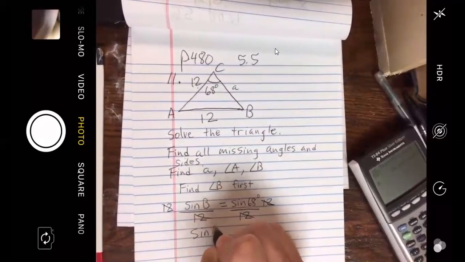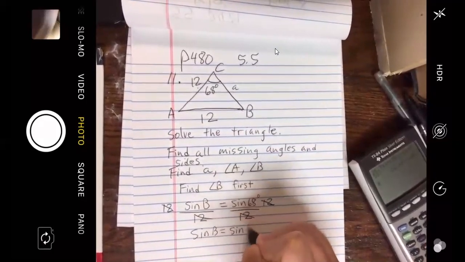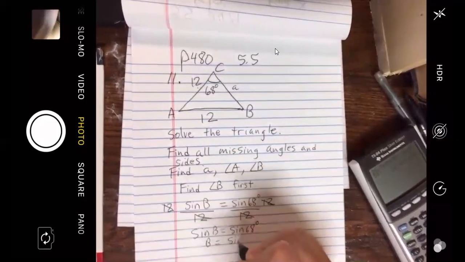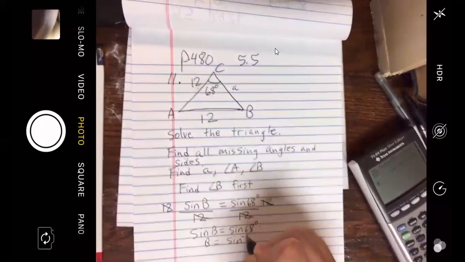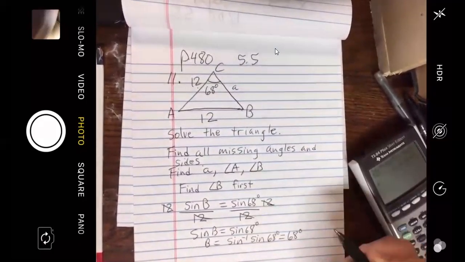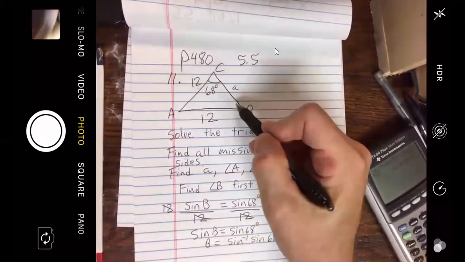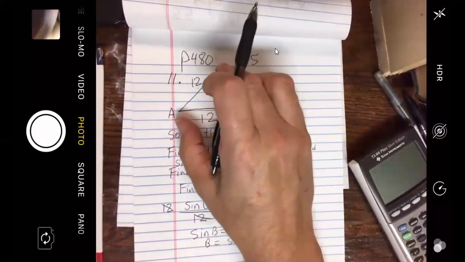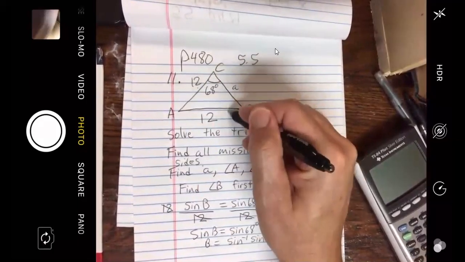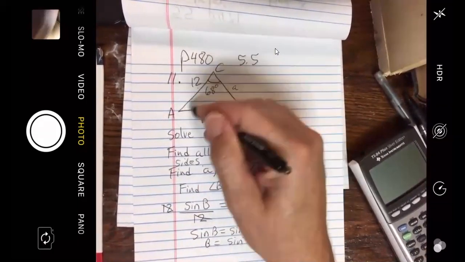Sine B is sine 68 degrees, so B is the arc sine of sine of 68 degrees, which is 68 degrees. Makes sense. Equal lengths of opposite sides mean the angles spread out exactly the same. If this is 68 and that's 12, then this has to have the same spread if that's identically 12.